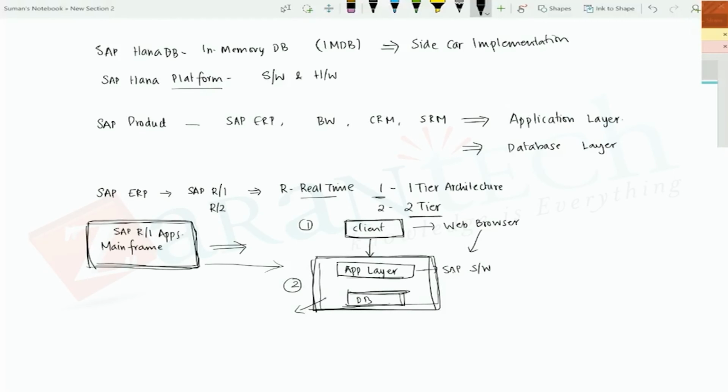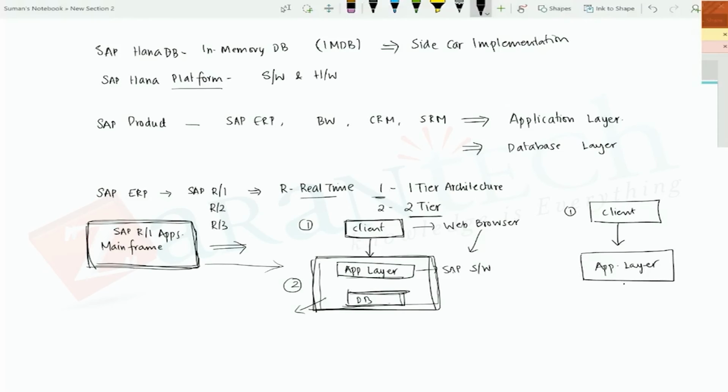Not having access to your application and your database is a big issue. So SAP continued to evolve, and they moved on to the next terminology called three-tier architecture. What does this three-tier architecture mean? It still has the client, which is your first level of architecture. The application layer is separated by itself.